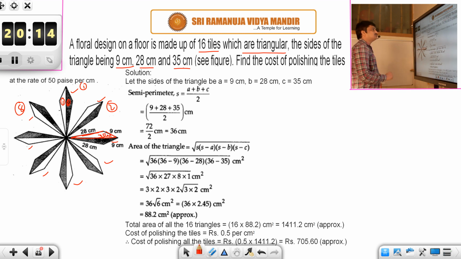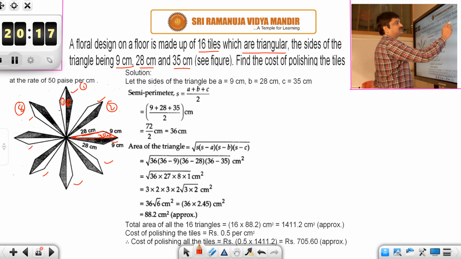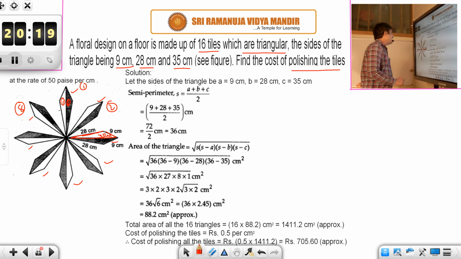Now you have been asked to find the cost of polishing the tiles at the rate of 50 paisa per centimeter square. Okay. Before we do this, first let's find the area occupied by these tiles.